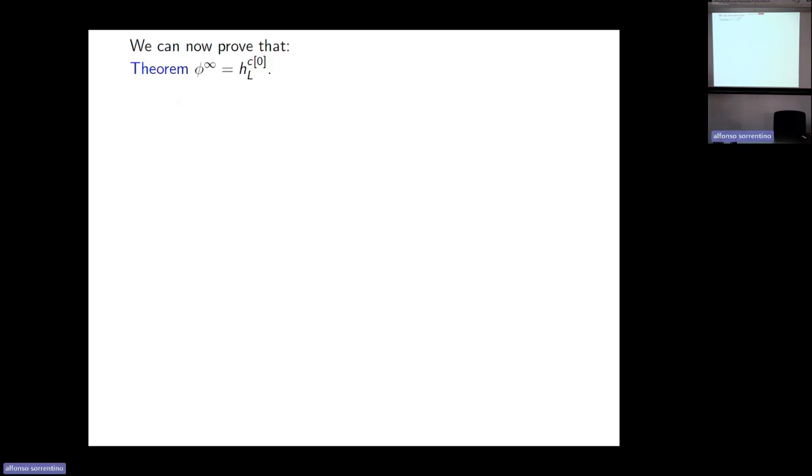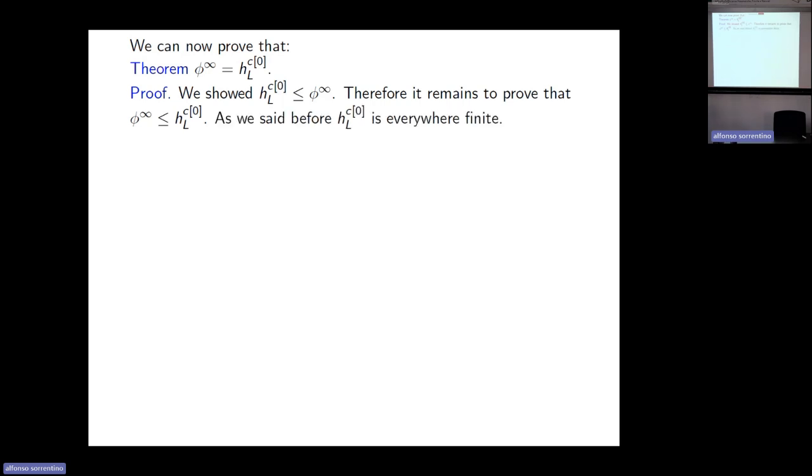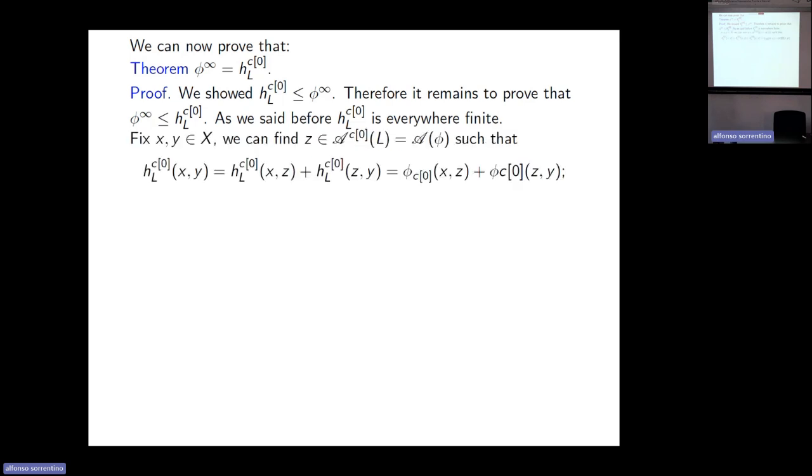And now we are going to prove also that the two Peierls barriers are the same. We showed the inequality, this one before, and it remains to prove the converse inequality. As we said before, H C0 L is everywhere finite.